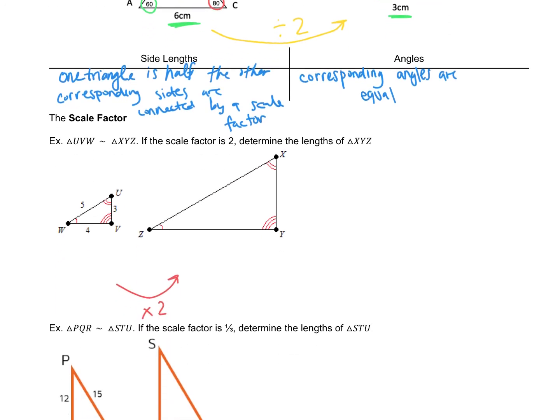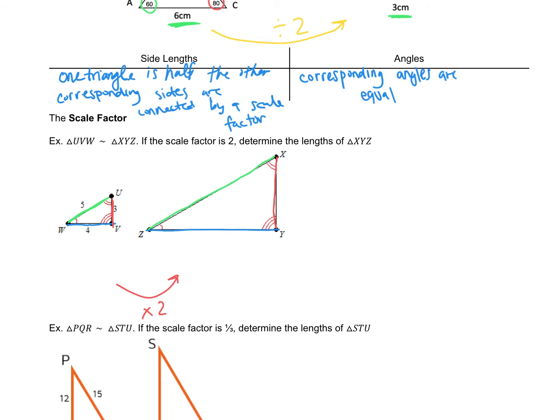So when I look at this example, it's already nicely set up for me, but if I look at WV, it matches ZY because both of these side lengths are created by the single tick mark angle and the 3 tick mark angle. Then the 5, so WU, is going to match ZX, and then the 3 is going to match XY. So these two triangles were nicely positioned.